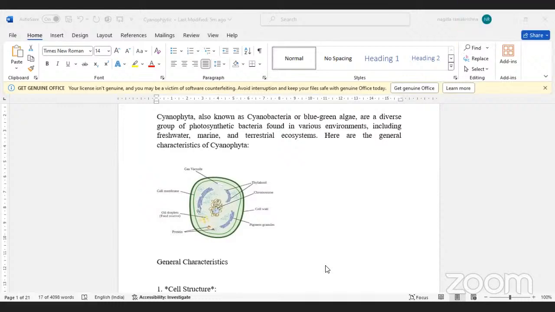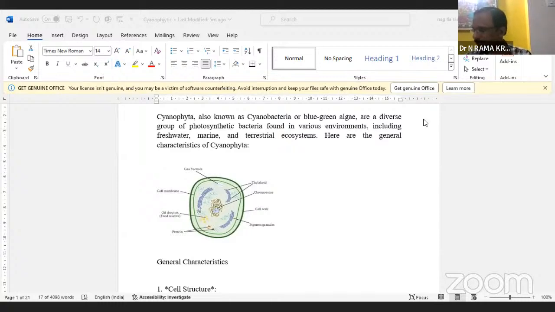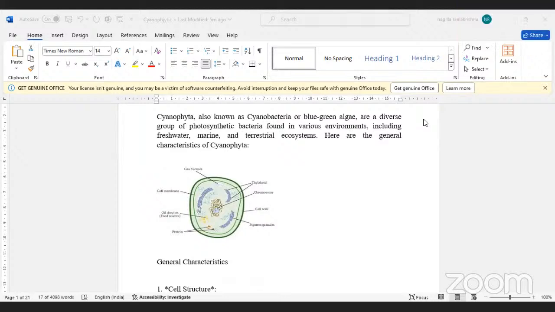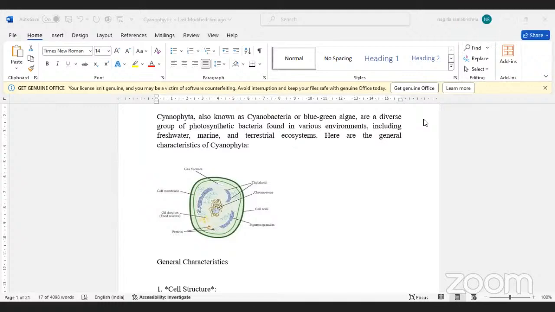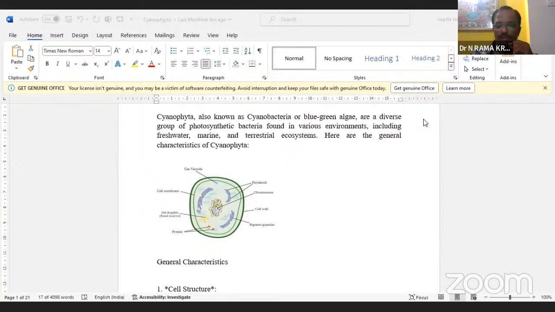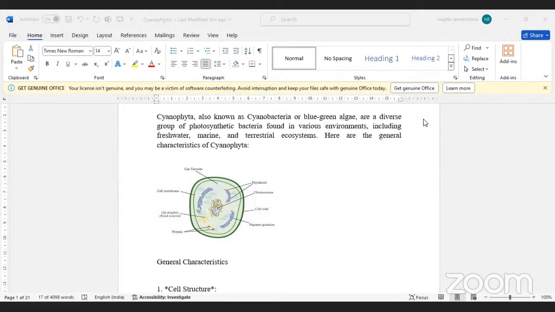Whiplash flagella, and the second one is tinsel type of flagella. Okay. Now tell me any one or two points to recognize chlorophytic algae. Chlorophyll pigment, chlorophyll A and B as the major pigment. Very good.